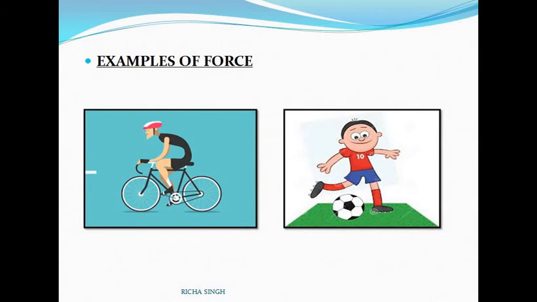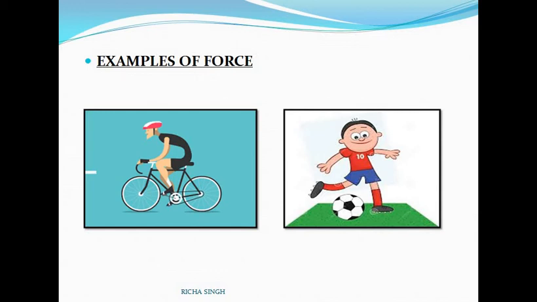Okay. Now you can see the different examples here. A person is bicycling. So he is applying force through his legs, that is muscular force, due to which the bicycle is moving. Here the person is kicking the ball. So he is applying the force through his leg so that it can make the ball move.